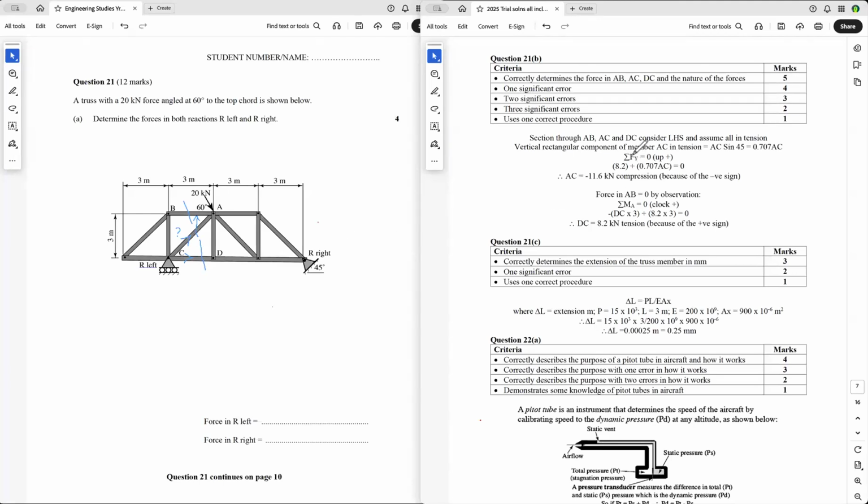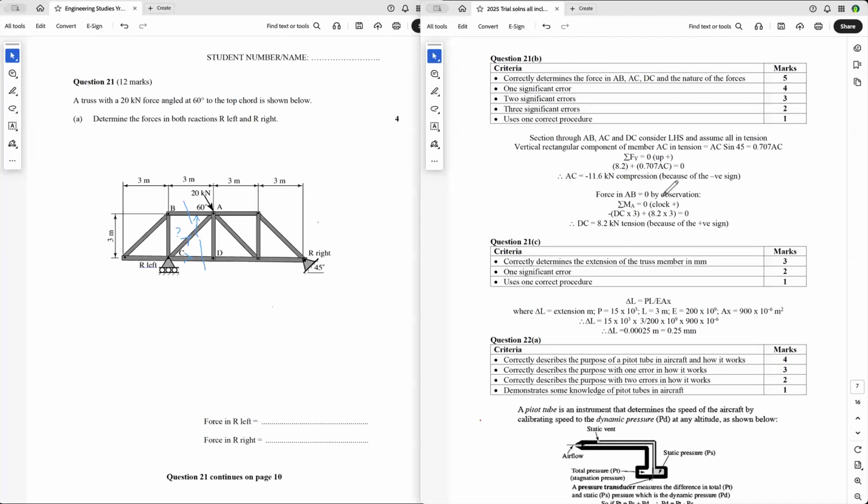I've said sum of the vertical forces equals zero. And so I've got 8.2, which is a reaction on the left going up, plus 0.707 AC, which is sine 45 AC, equals zero. So therefore AC equals minus 11.6. And the negative tells you that it's going in the other direction, so therefore it's in compression.